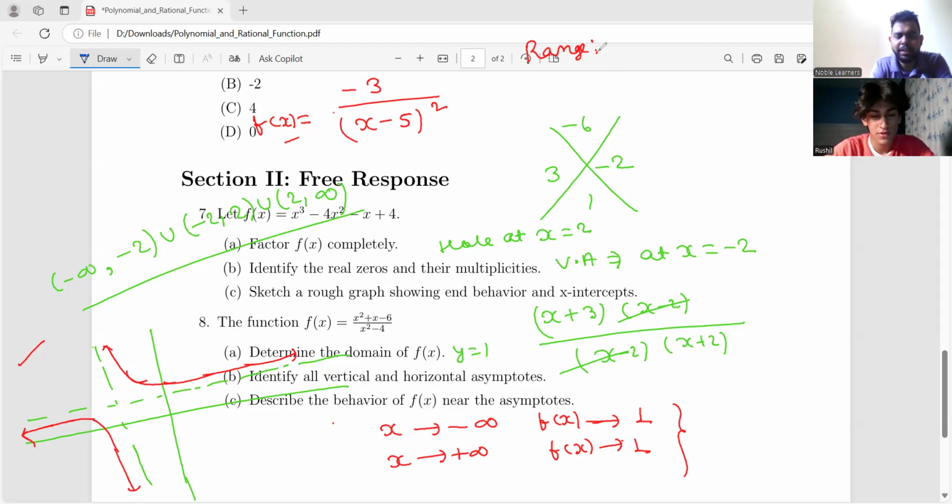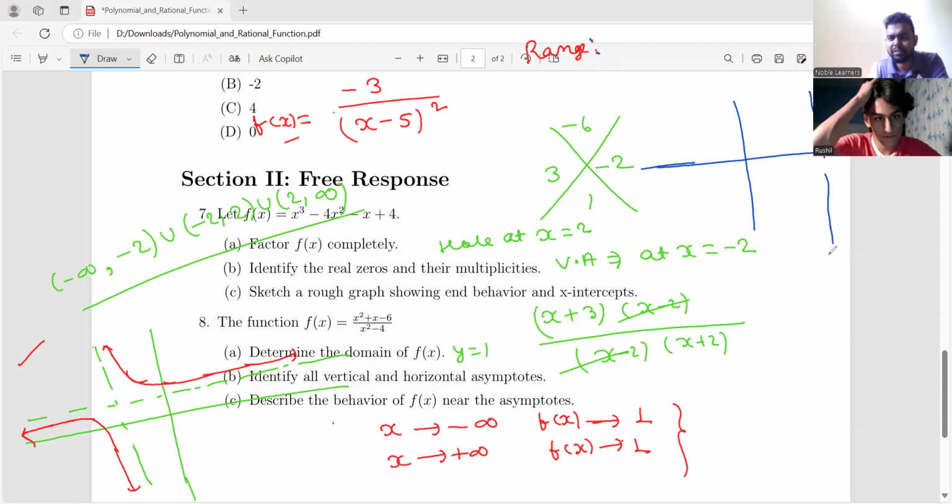Whenever we are talking about the range, see how the graph will look first of all. I know the horizontal asymptote is going to be y equals 0 because the degree of the denominator is greater, and the vertical asymptote is going to be x equals 5.